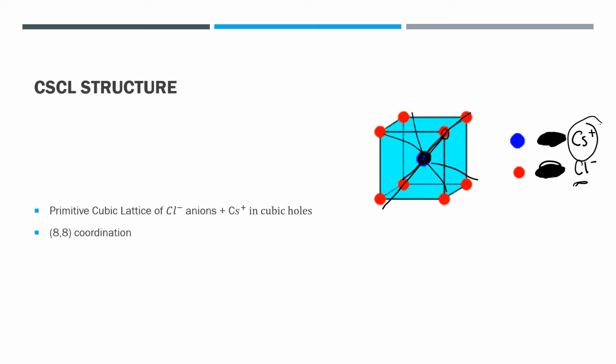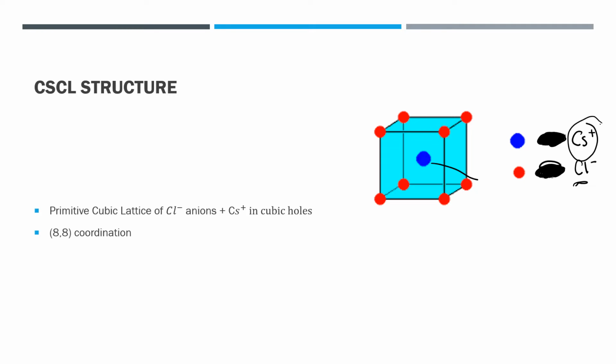And if I looked at each of these chlorides, it's really difficult to see in this picture, but if I stacked a bunch of unit cells on top of each other and to the sides, such that it represented a bigger piece of the crystal, I would see that these chlorides also had an 8 coordination number. And these 8 would come from different cesiums that pop up all over the place. So each chloride has 8 nearest neighbors, and each of them is a cesium cation.